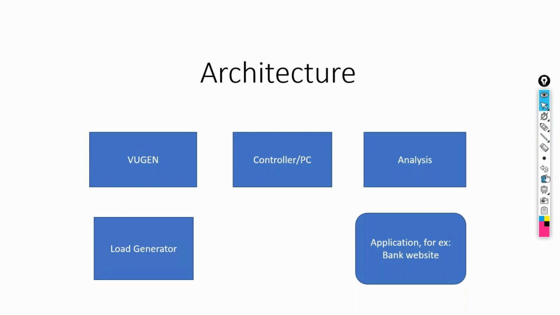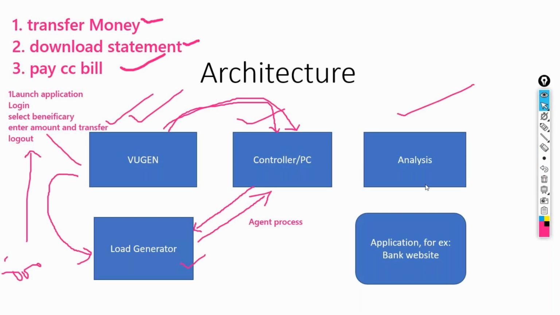There was one arrow in your previous image from Vuegen to load generator. What was that? Actually, it doesn't do anything. Before explaining the controller, I just put the arrow there.